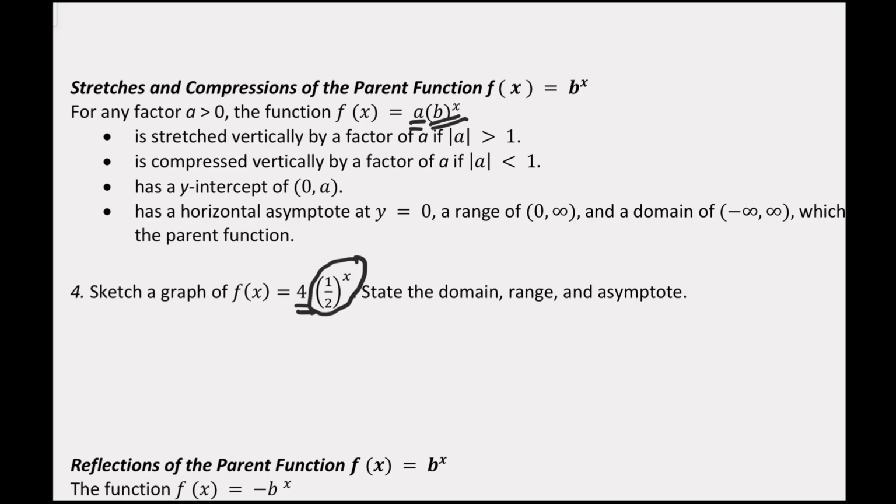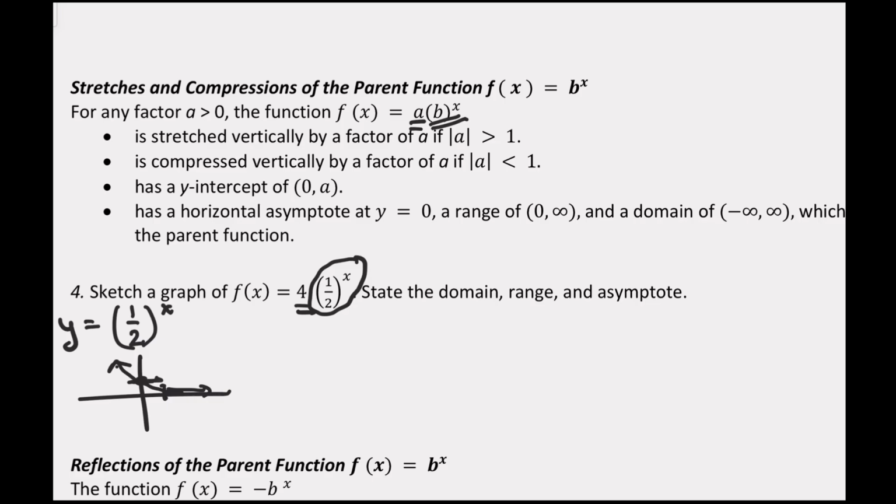So if you think about, let's just do y equals (1/2) to the x. Normally we plug in a 0, we get 1. We plug in a 1, we get 1/2. So this is a decay that looks like this, right? Okay. Now, we would normally get a 1 when we plug in a 0.